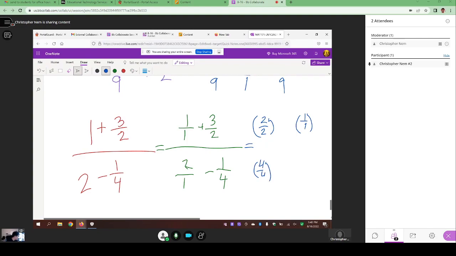And then multiply this guy by 1 over 1. Then I have 1 over 1 plus 3 over 2, 2 over 1 minus 1 over 4.